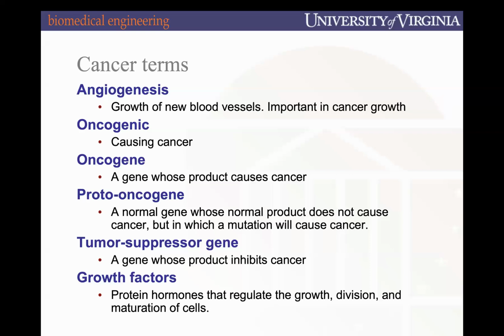RAS is a normal protein in cell biology. However, when it's mutated, it can actually lead to pancreatic cancer. So the mutated form of the RAS gene we refer to as an oncogene. The normal state of the RAS gene we would refer to as a proto-oncogene. Does that help make sense?